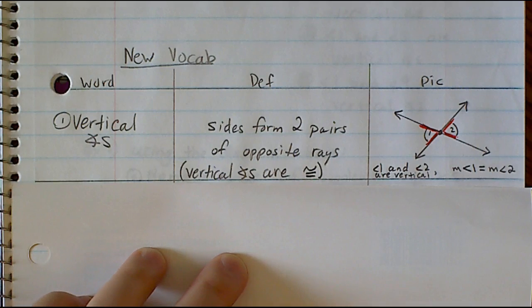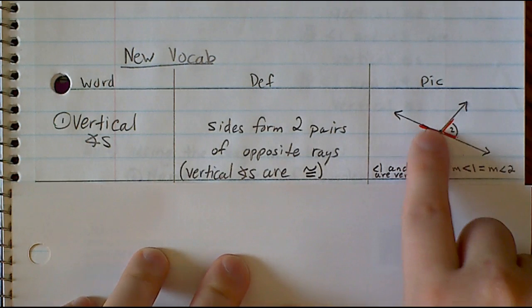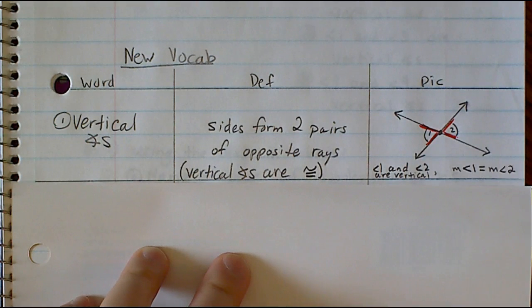Okay, there is a bunch of new vocabulary for this section, so go ahead and make this same type of chart we've been making all throughout our notebook. The first word is vertical angles. Vertical angles are two angles whose sides form two pairs of opposite rays. And you can see from the picture right here, the little red angles that I've indicated would be considered vertical angles.